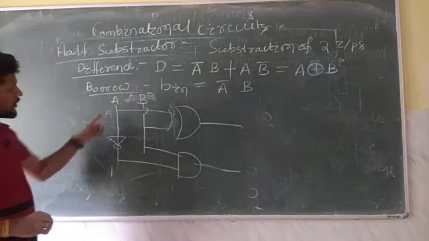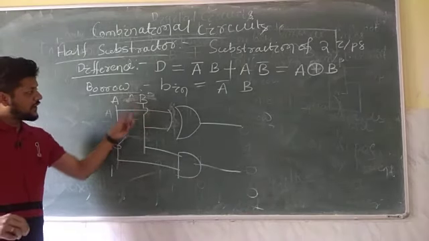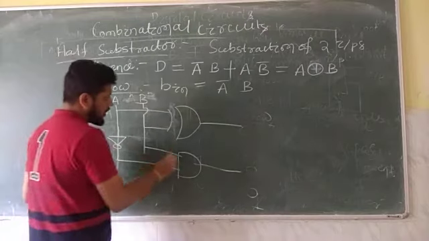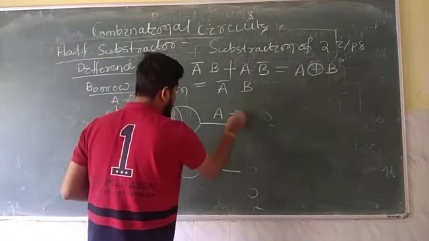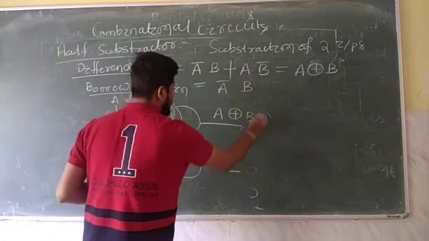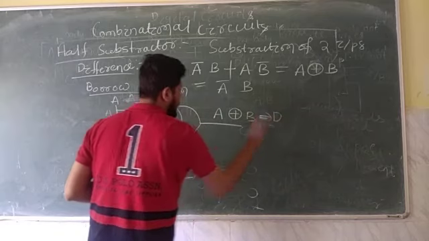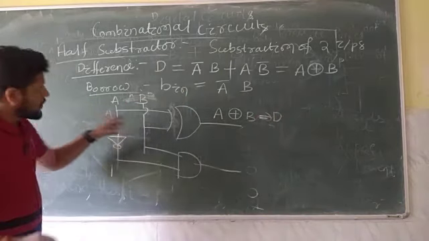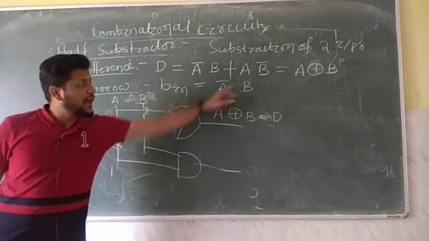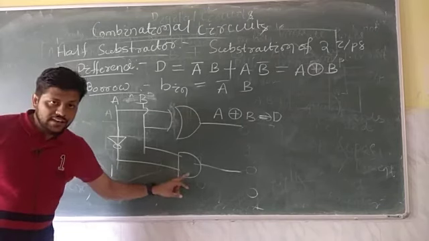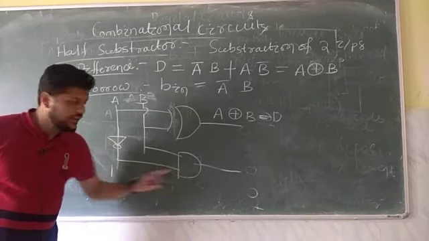So you can see here A is directly applied, B is directly applied to this XOR gate, and the output will be A XOR B, which is nothing but your difference D. Then borrow is equal to A bar B, hence we require an AND gate. This is the symbol for the AND gate.